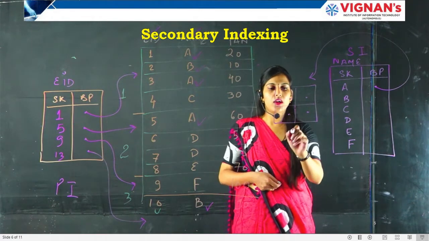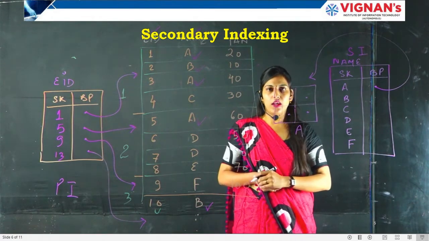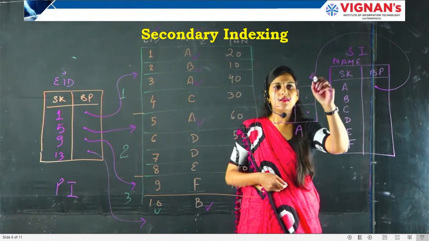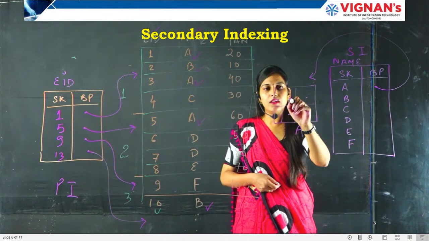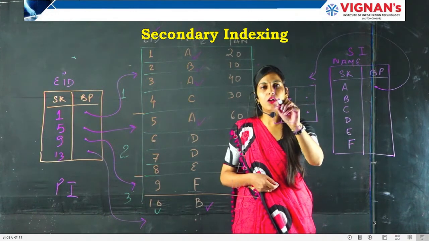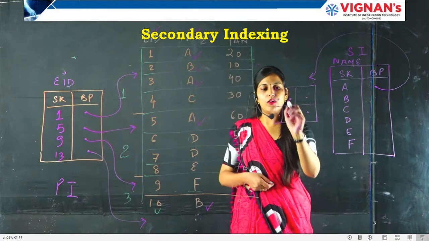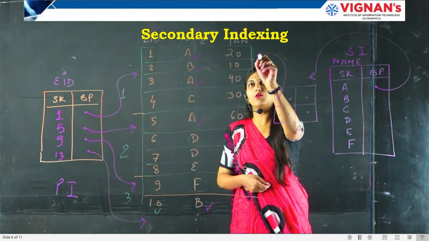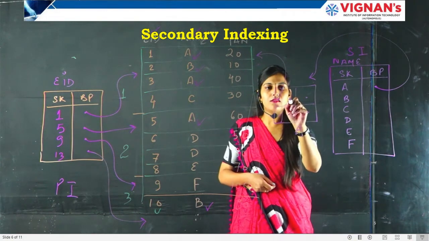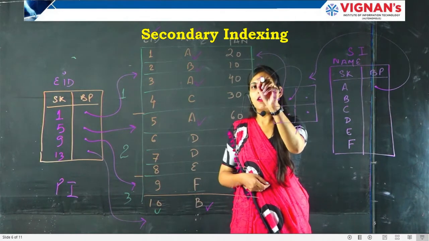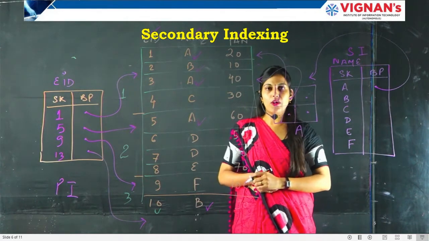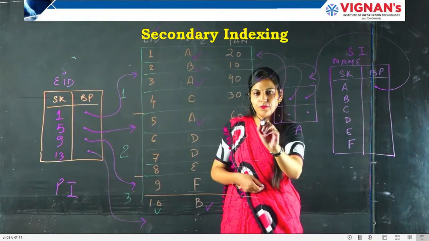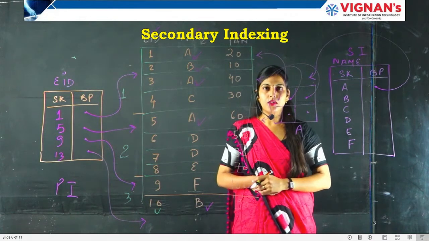Suppose this block is for value A. The block pointer in the secondary index table will point towards this block A, and in this block we will have the record pointers for each record. So if it is a block for value A, then this record pointer will point towards this record. Again this record pointer will point towards the second record with employee name A, and this record pointer will point towards the third record with employee name A.